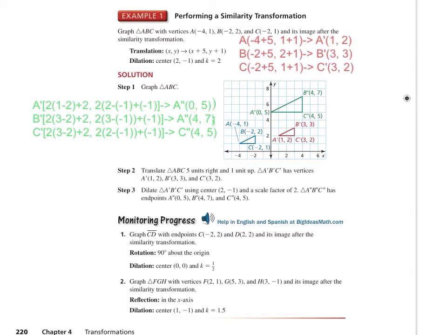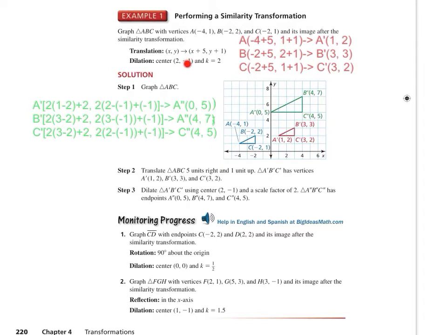And now for the y value, you're going to take your scale factor 2, which again is the scale factor given, times 2. This 2 comes from the y value of A prime location. So 2 times y minus the y value for the center of dilation.